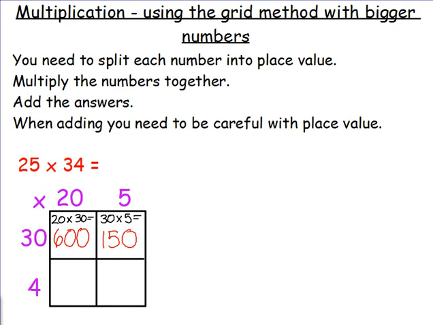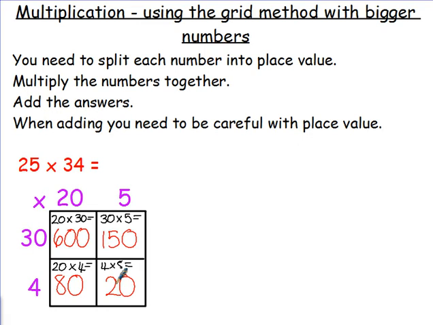Bottom left, I'm doing 20 times 4. So I'm doing 2 times 4 is 8, then times it by the 10 is 80, and the next one is 4 times 5, which is just 20. The next step is a step where normally people make mistakes.